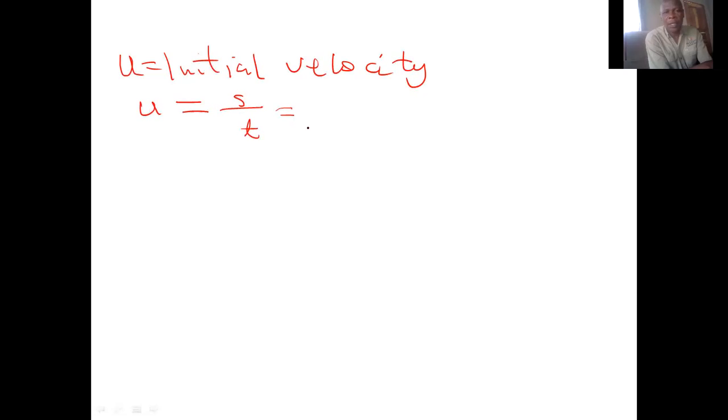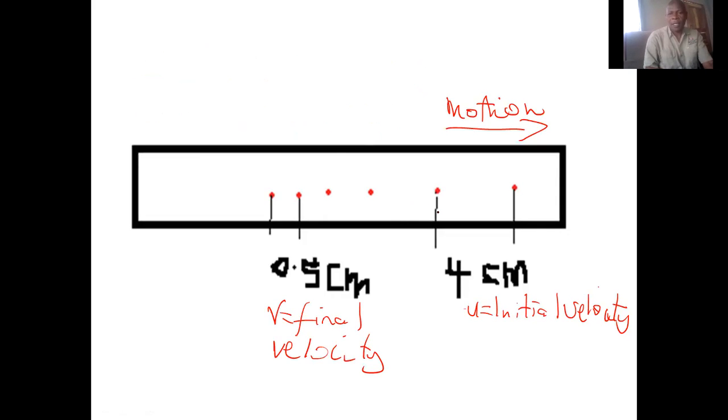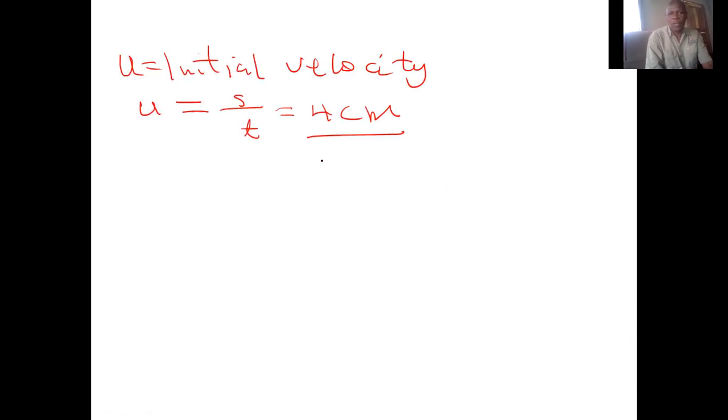In our case, the displacement is 4 centimeters, and our time per tick, because there is only one tick between these two adjacent dots, is 0.02 seconds, which gives us 200 centimeters per second.